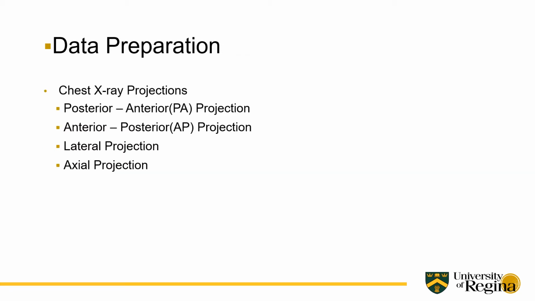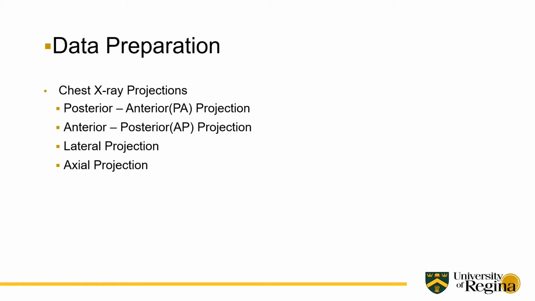In this slide, we are going to talk about the chest X-ray projections. Projection means the view of the chest X-ray that has been taken by a radiologist. There are different types of projections, but here we are going to talk about the four major chest X-ray projections only.